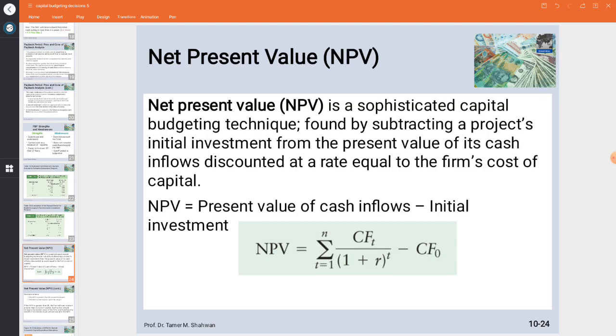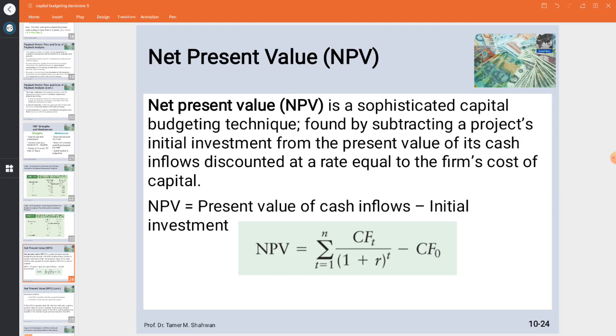Another technique which is very necessary for your understanding of how we could compare between two projects is called net present value. What is the net present value? Net present value is a sophisticated capital budgeting technique, found by subtracting the project's initial investment from the PV of its cash inflows discounted at a rate equal to the firm's cost of capital.